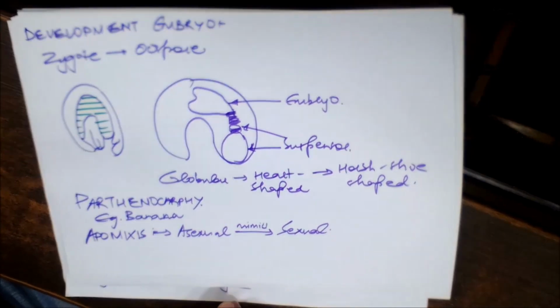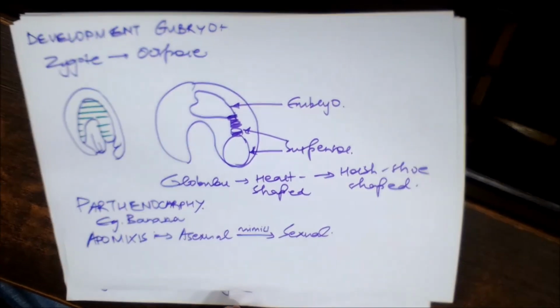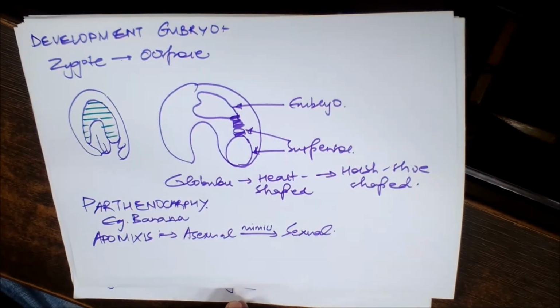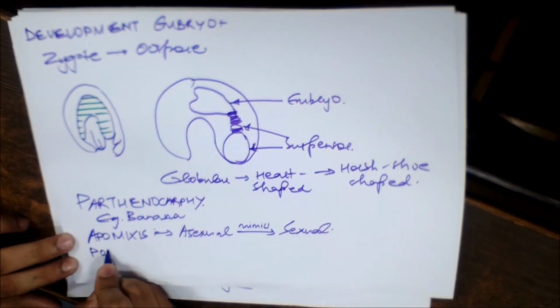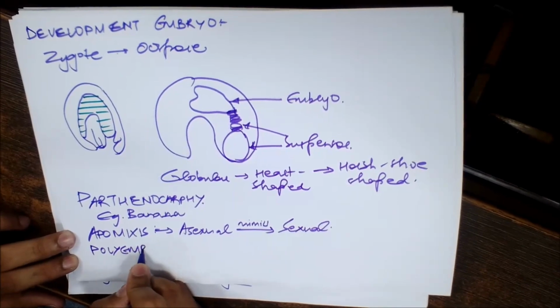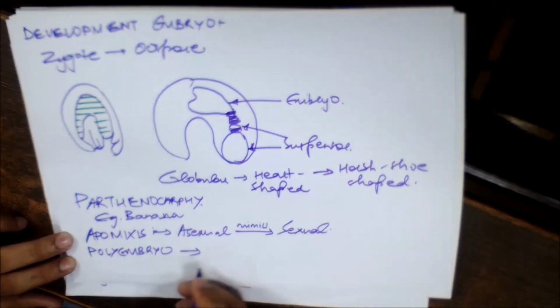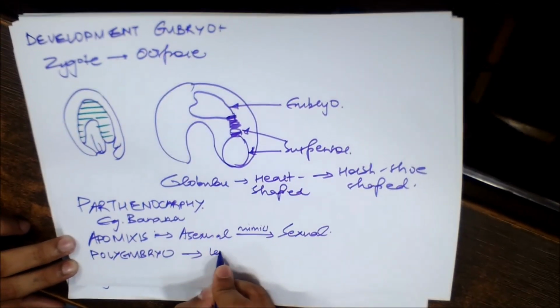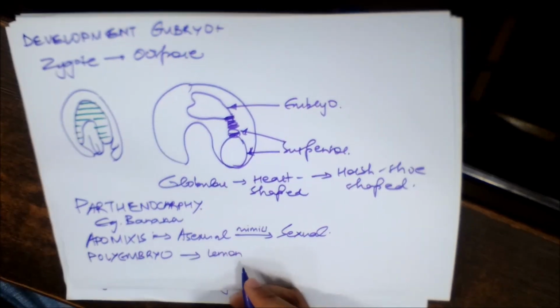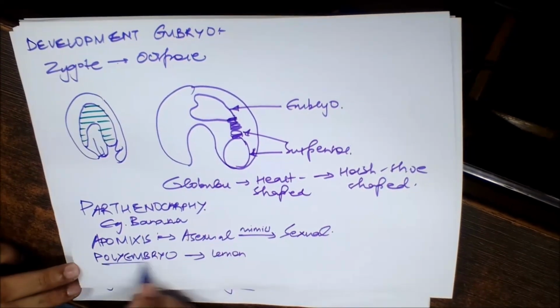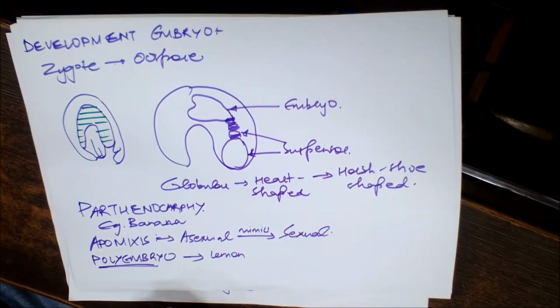This is called apomixis, and such seeds are called apomictic seeds. While polyembryony is a case wherein several embryos are seen inside a seed, like in the case of lemon and several citrus fruits, and this is known as polyembryony.